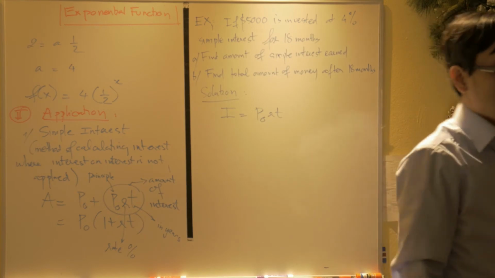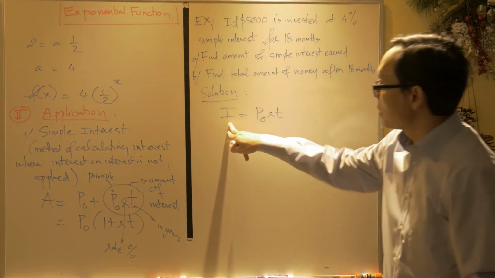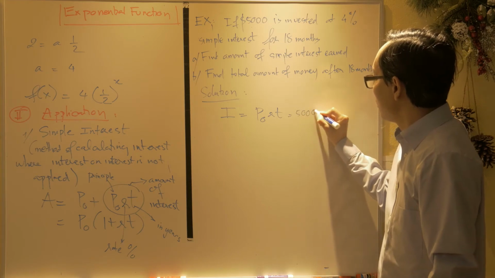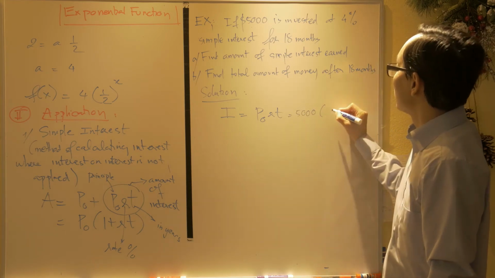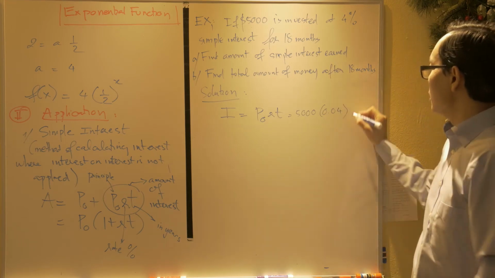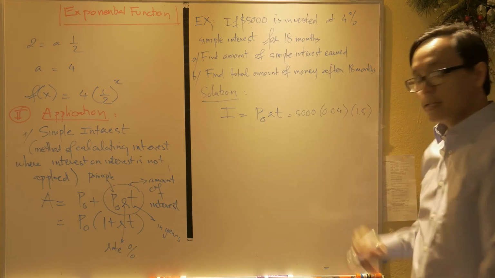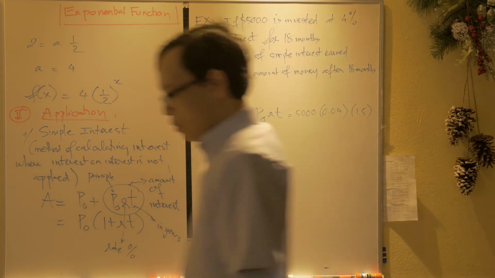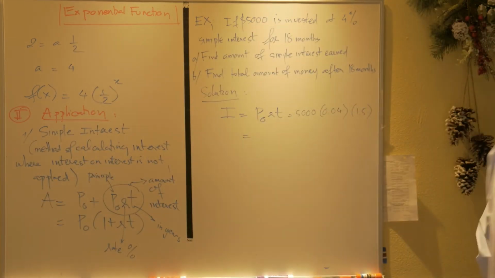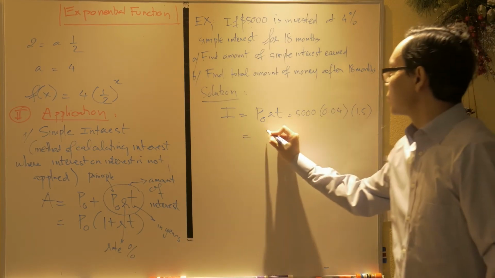We plug in P naught is $5,000, R is 4%, which is 0.04, and T is 1.5 years, and we calculate. It just gives you $300.